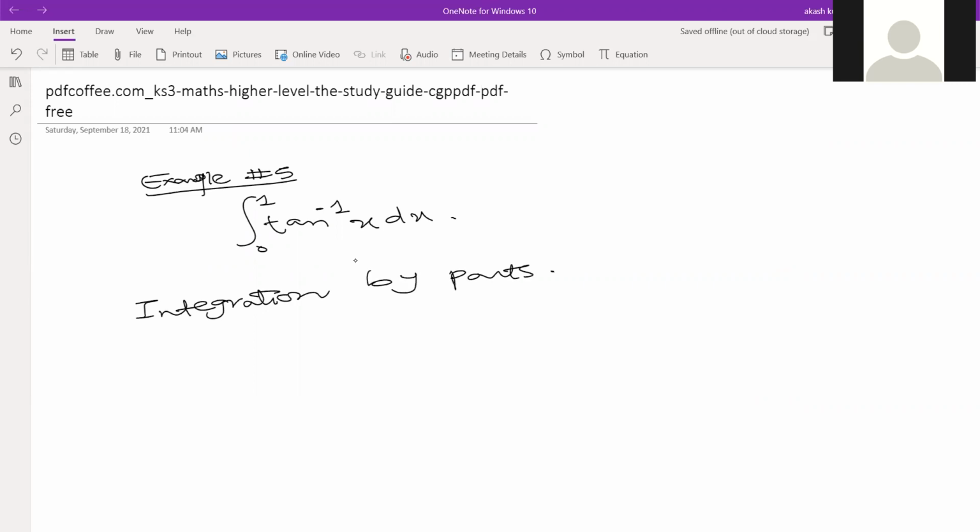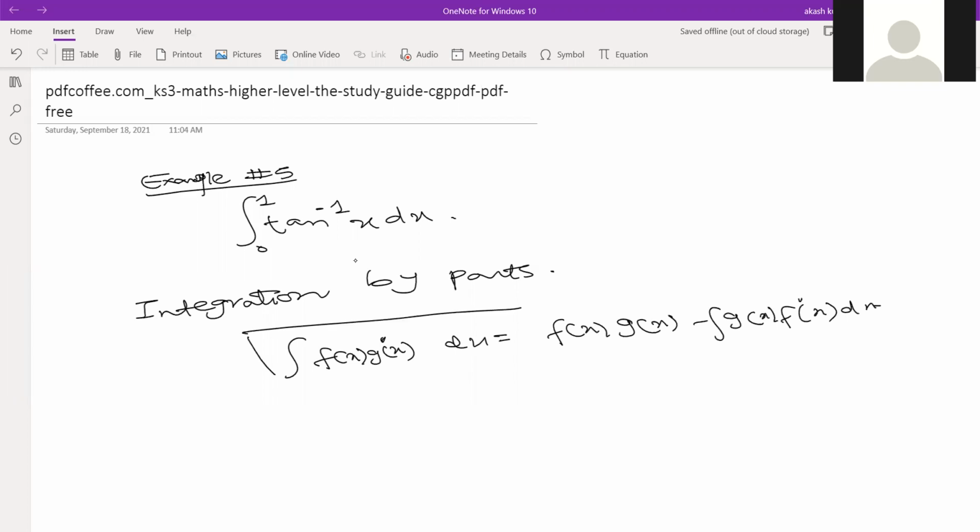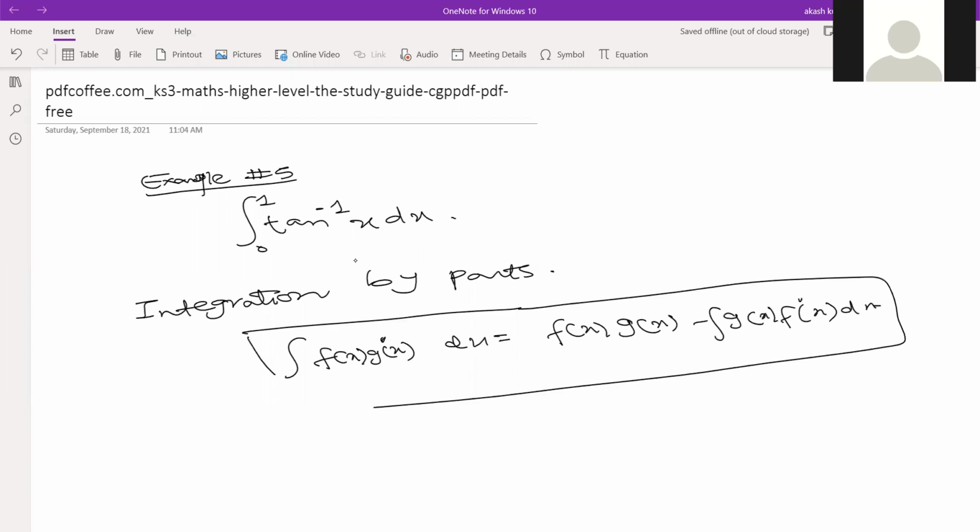And we know that there is a formula: the integral of f of x, g of x, dx is equal to f of x, g of x minus the integral of g of x, f dash of x, dx. This is the same equation as uv minus the integral of u dv. Yes, this is the same.